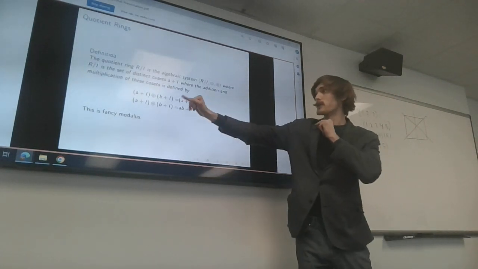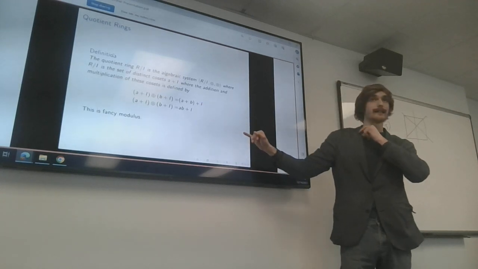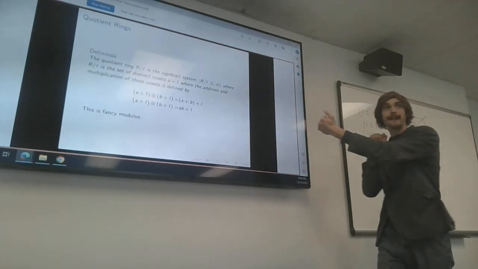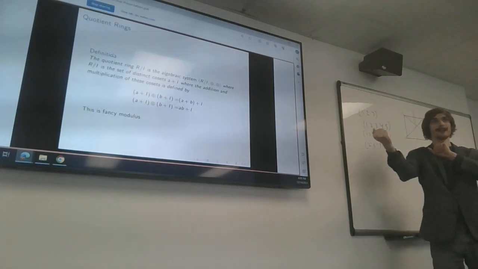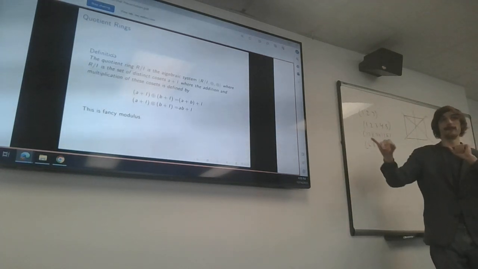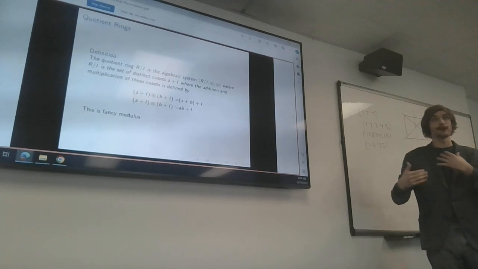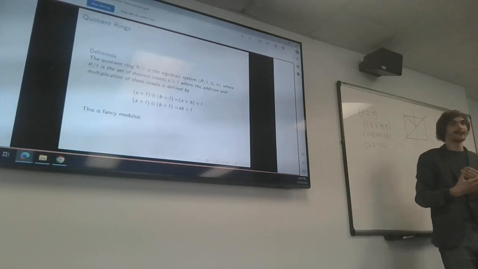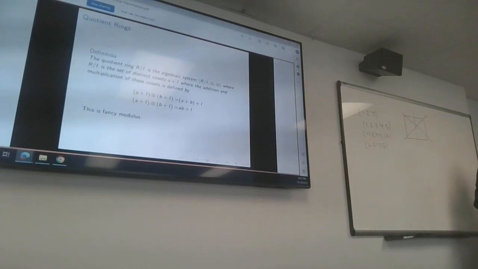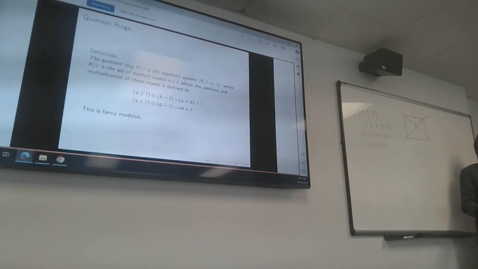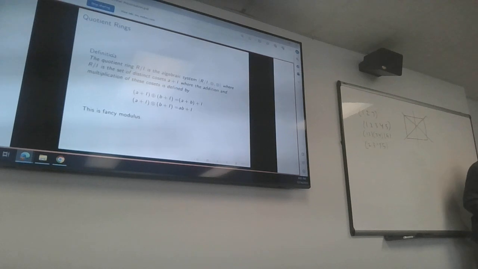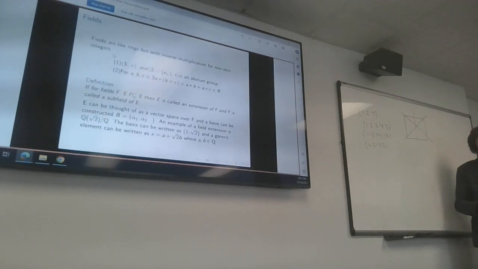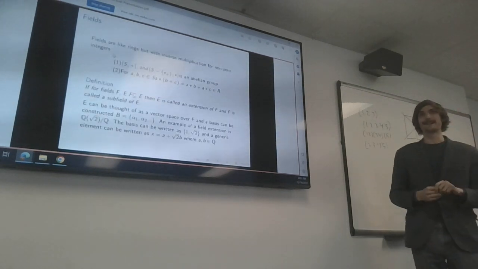If you have A plus an ideal and then B plus an ideal, then you can pull the ideal out of the whole number, and then just think about the numbers there, and you can create equivalence classes through this process. Similar to how you would create equivalence classes with modulus, like remainders and stuff like that. Okay, this is pretty abstract stuff.